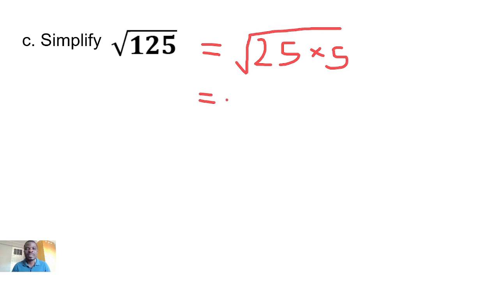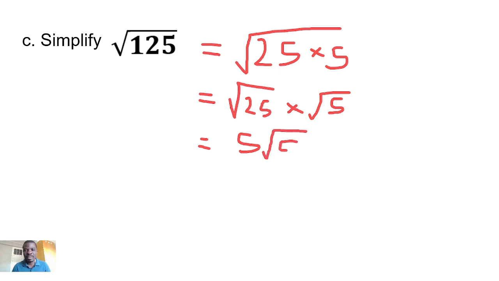And then this can be expressed as the square root of 25 times the root of 5. And what is the square root of 25? The square root of 25 is 5, and the root of 5 is a surd. So the simplified version is 5 root 5.